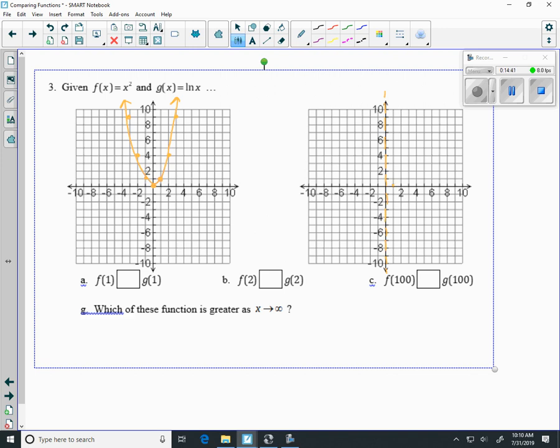And the key points: (1, 0), between 2 and 3, 1, and between 7 and 8, 2. At 1, x squared is 1, and at 1, ln of x is 0. So f of x is going to be greater than g of x there.